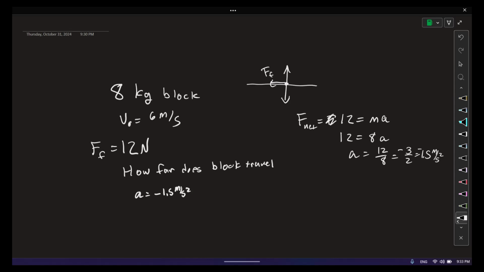So we have acceleration is minus 1.5 meters per second squared. And the question is, how far does the block travel before it comes to a stop? So here we want to use a kinematic equation, and the one that works best is final velocity squared equals initial velocity squared plus 2a delta x, because delta x is what we're looking for.